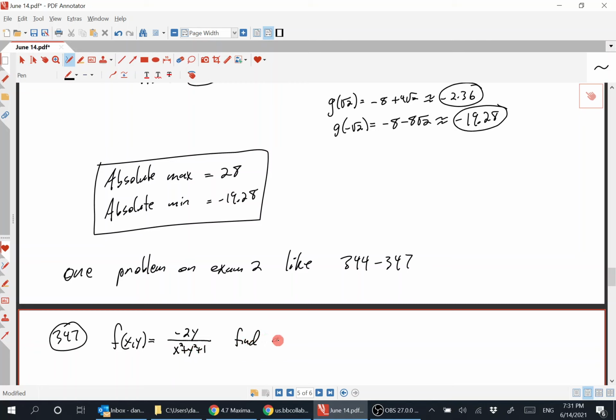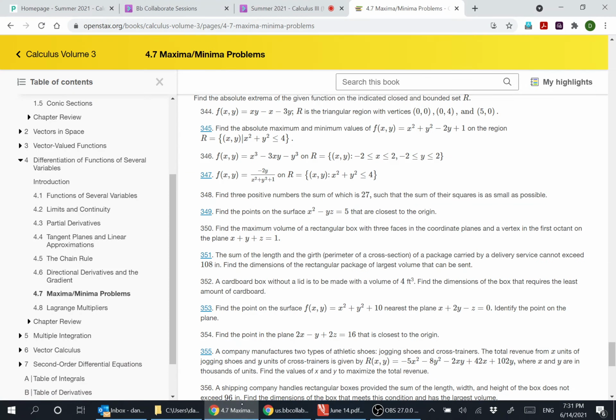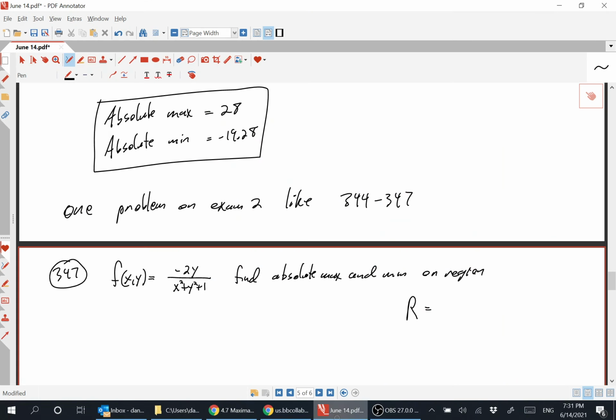Find the absolute max and min on the region R equal to, so this is what? X squared plus y squared less than or equal to 4. Right, so what's that? X squared plus y squared less than or equal to 4.